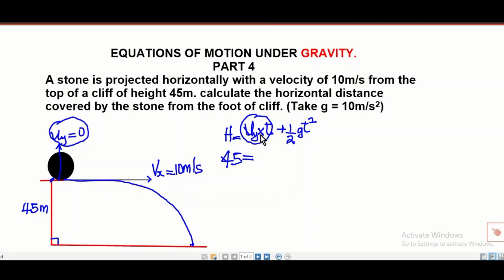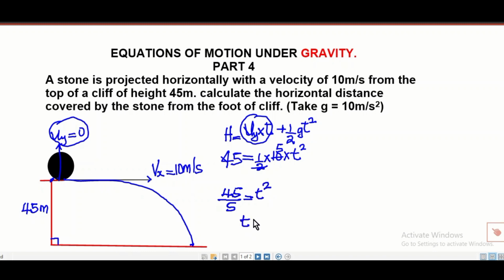So 0 multiplied by time is 0. This is going to be 1 over 2 times g, which is 10, times t squared, since I am looking for the time. This cancels, this is 5. Therefore 45 divided by 5 is equal to t squared.